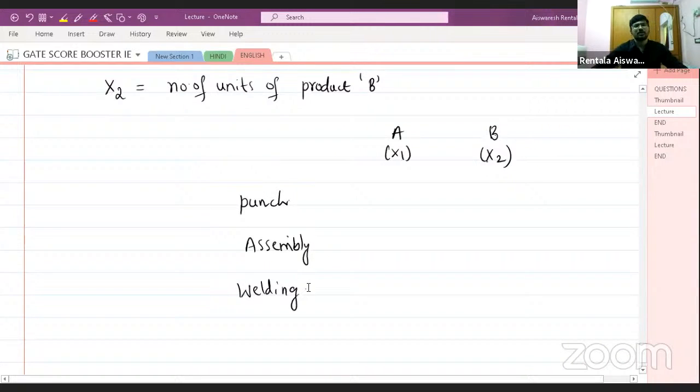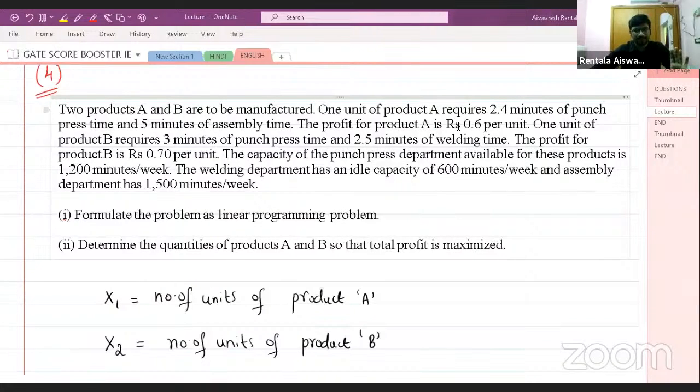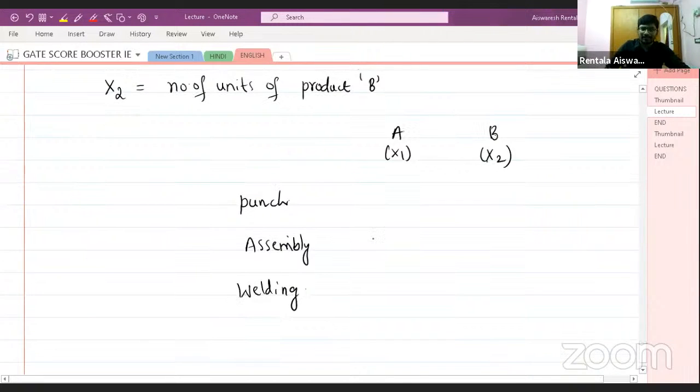Now if you look at this particular data given in the question, product A requires 2.4 minutes of punch press time per unit, right or not?